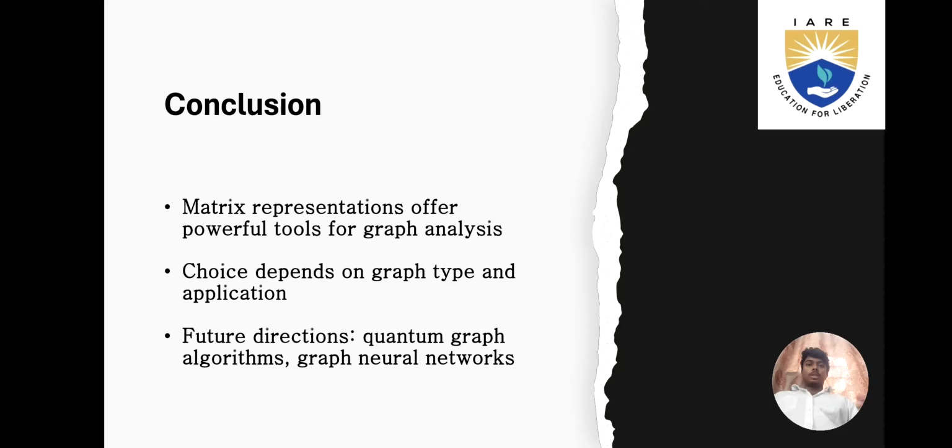To summarize these key differences, I am going to conclude with the summary. Adjacency matrices offer a direct connection view, optimal for dense graphs and quick edge queries, whereas incidence matrices offer an edge-centric perspective suited for sparse graphs. The choice depends on graph characteristics and the specific algorithm or analytic needs.